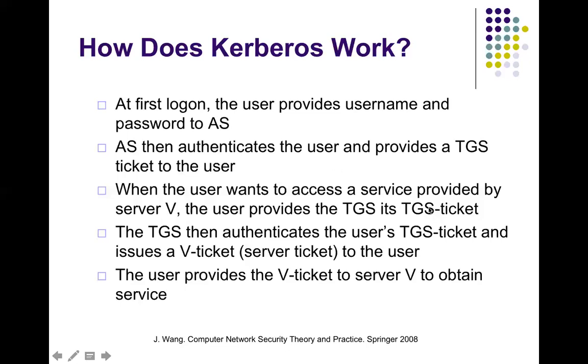And when the TGS sees it, TGS knows I have already authenticated myself to AS. Then TGS authenticates the TGS ticket, and issues a V ticket for that particular server V.